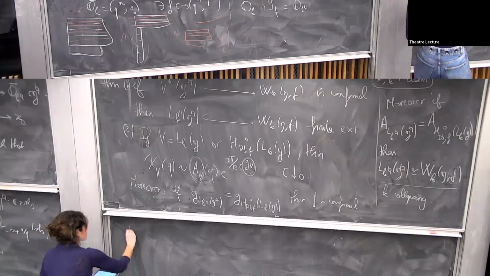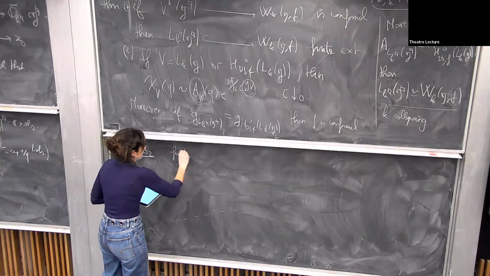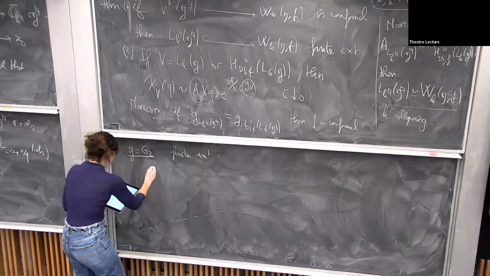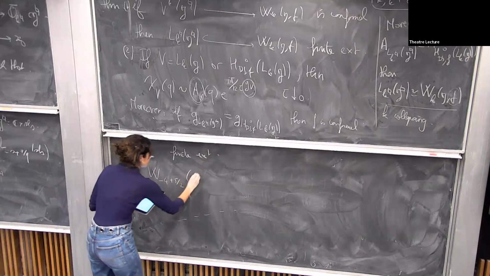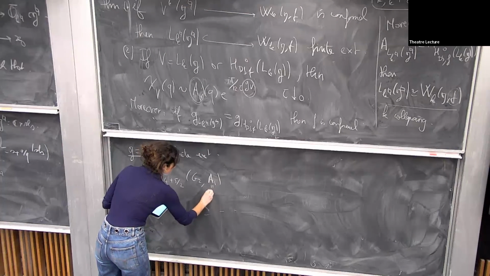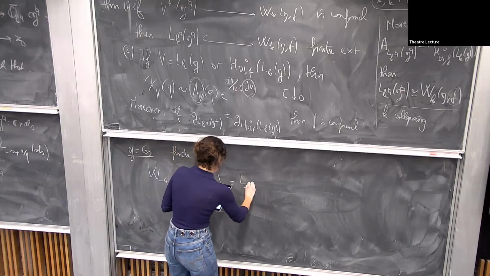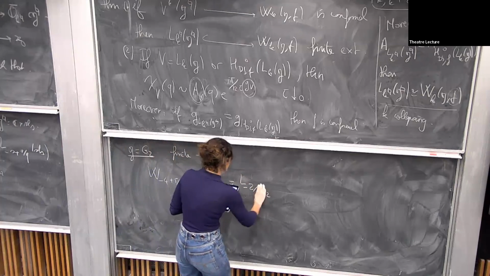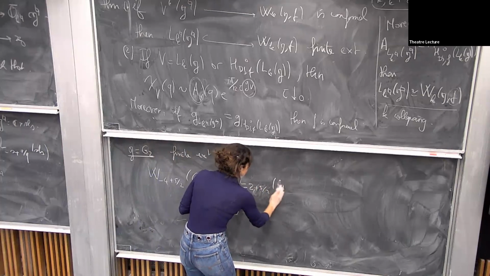So now I would like to give an example in G2 of finite extension. So for instance, as I mentioned, here F is a minimal nilpotent orbit of G2. And then we prove that this is a finite extension of SL2.